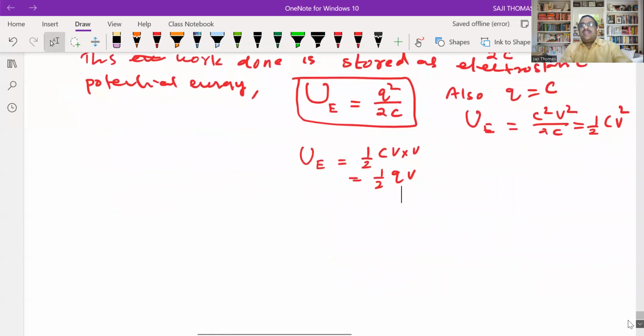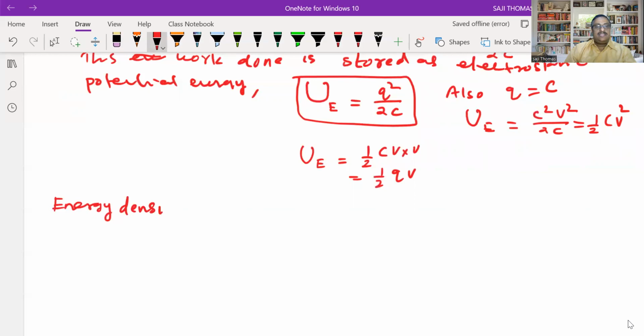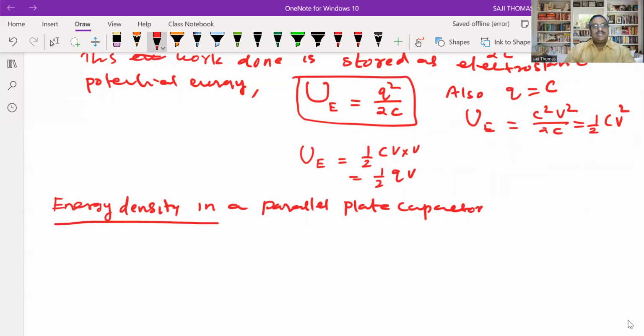Then we will find out energy density in a parallel plate capacitor.